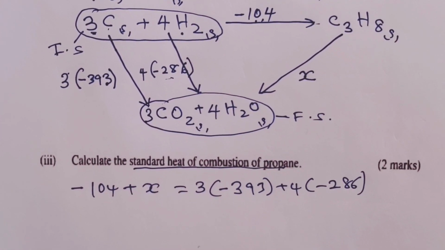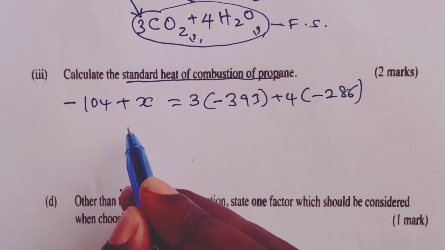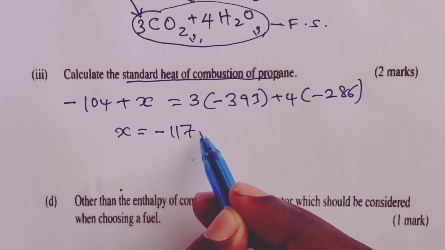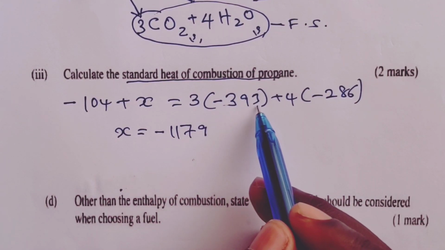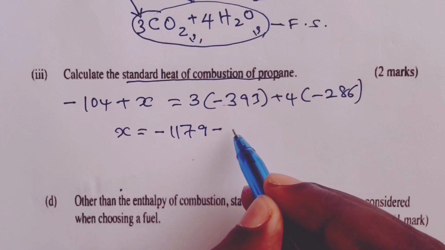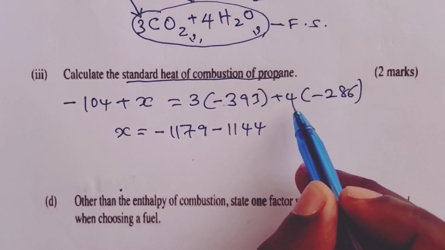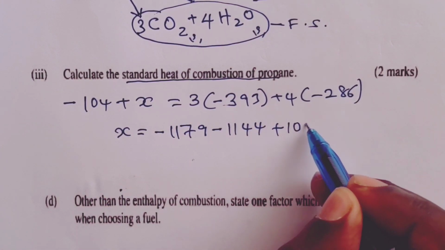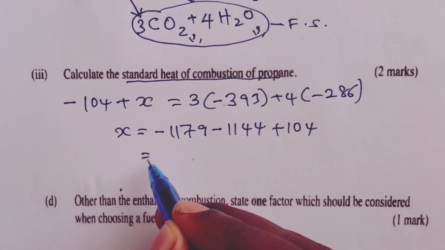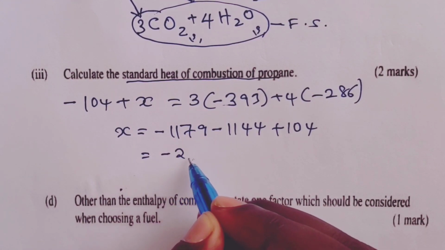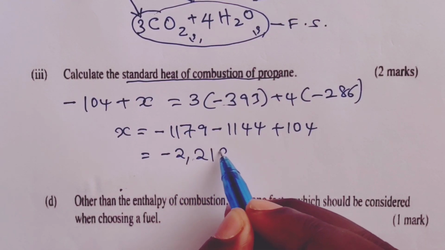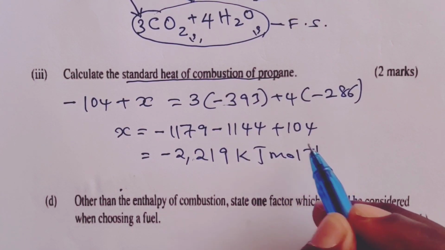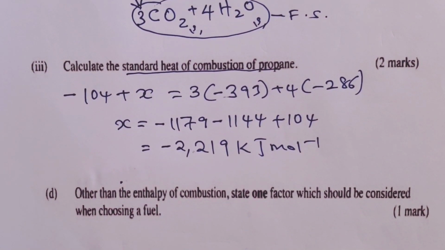So when we work out this, we are able to get X as negative 1179, that is 3 by negative 393, negative 1144, that is 4 by negative 286, and then we shall add 104. That gives us a value of negative 2219 kilojoules per mole as the enthalpy of combustion of propane.